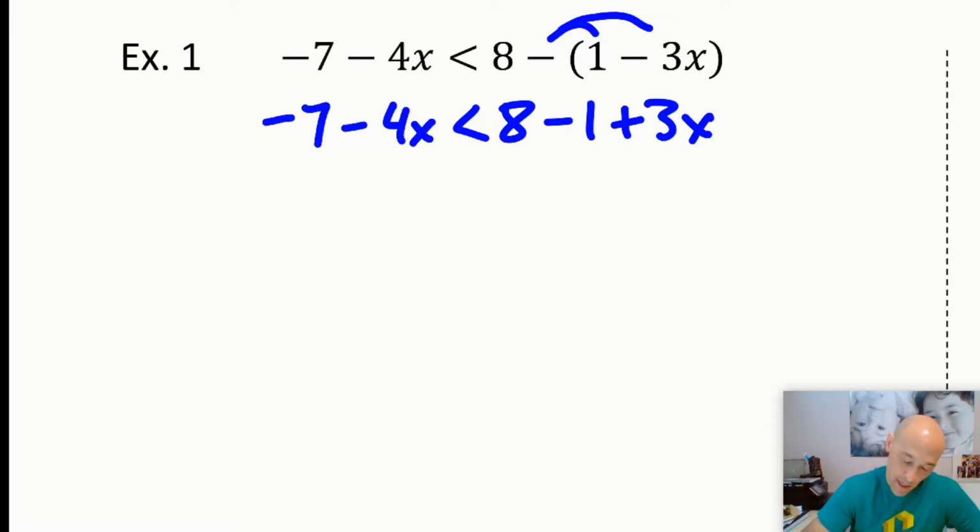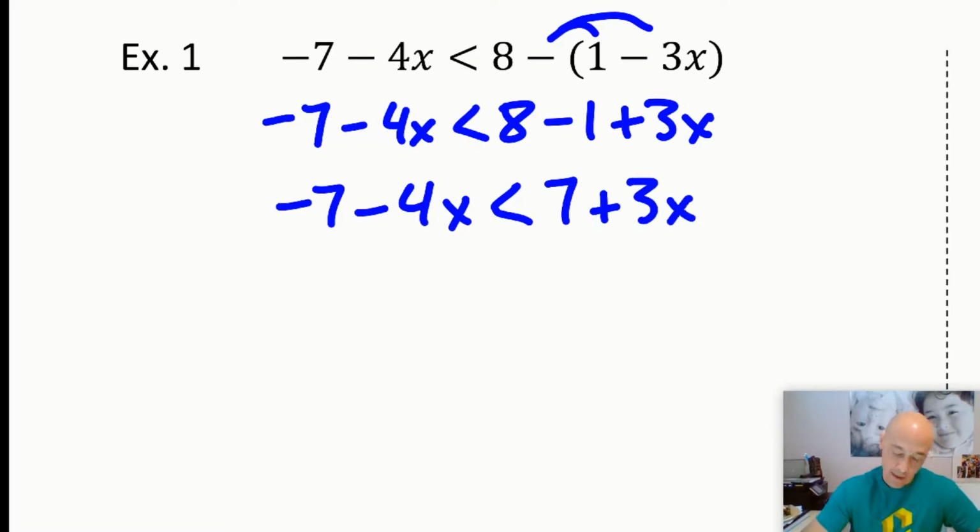Now I'm going to combine my terms, my 8 and negative 1. So I'll have negative 7 minus 4x is less than 7 plus 3x.